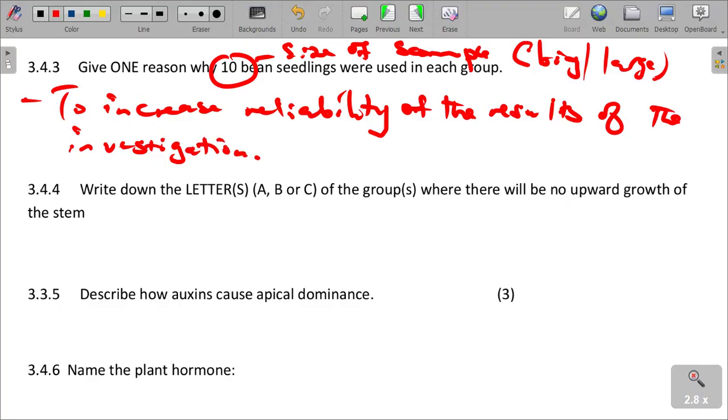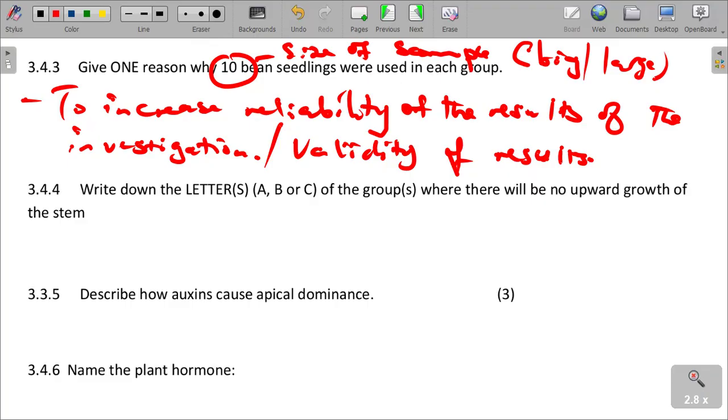We can say also to increase the validity of results. It is also correct to say that the validity of results is improved by increasing the sample size, repeating the investigation, keeping one person doing the research and the investigations, maintaining the environmental conditions, and so forth.